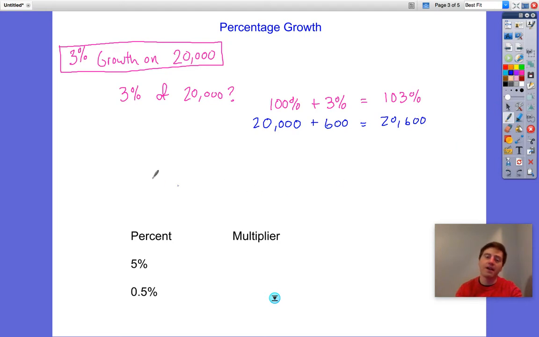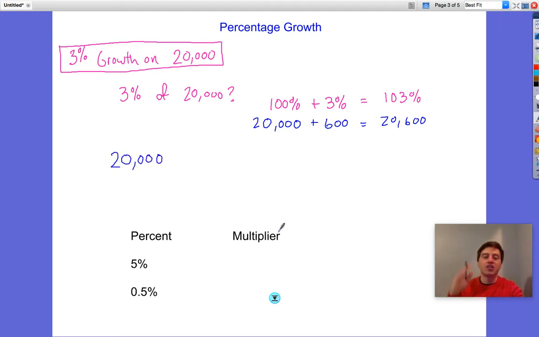Well, how do I find 103% of a number? It's the same way we find a percent of any other number. I have to turn this into a decimal. So first, 103% gets divided by 100, which turns that into 1.03. Slide the decimal over twice, 1.03. So let's look at that. What if we were to just find 103% of that?